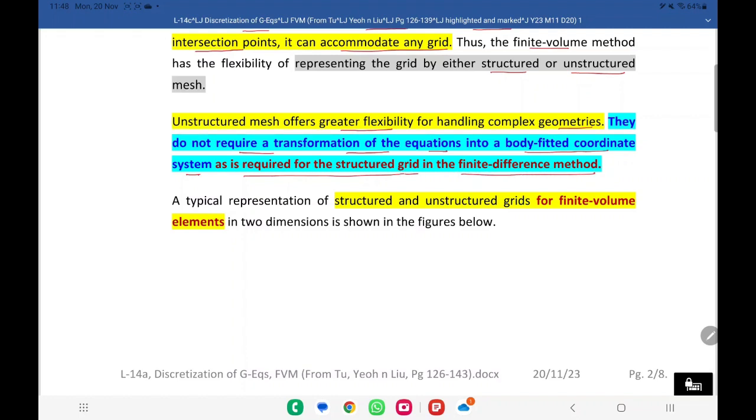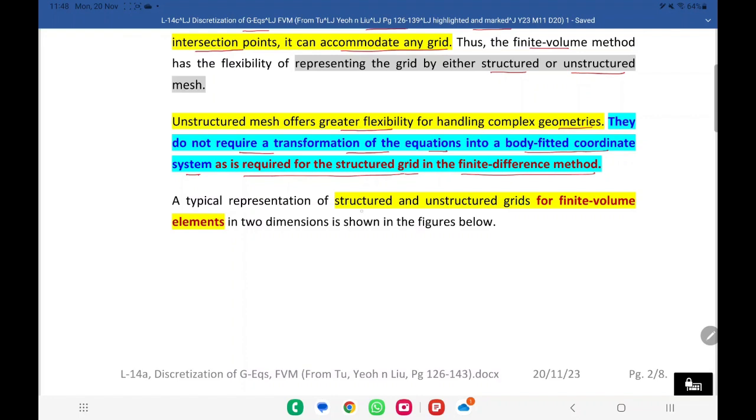In finite difference method, if your shape is irregular, you can develop generalized coordinates, and using them convert it into a structured form and use that. That type of thing is there. It will become clear when we see the next diagram.